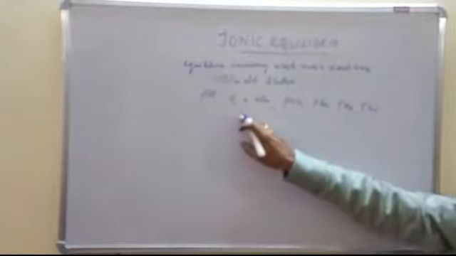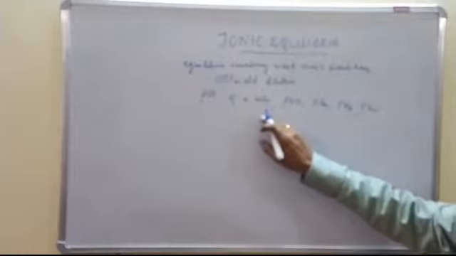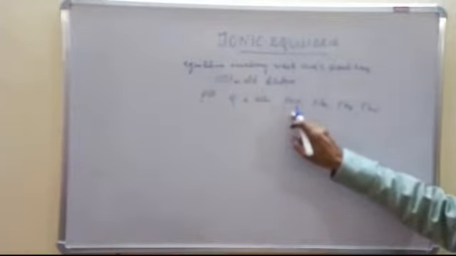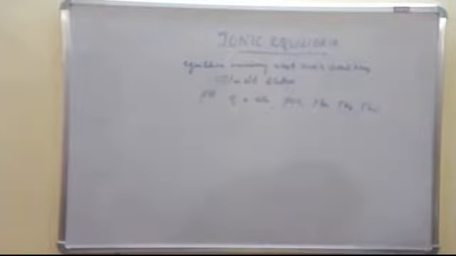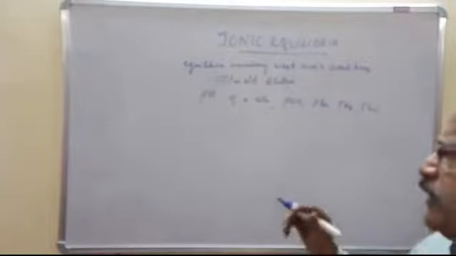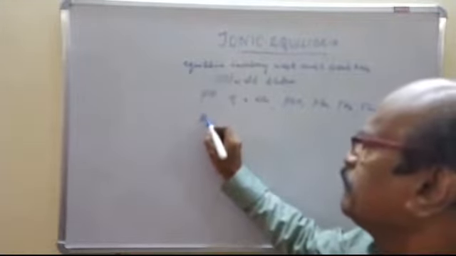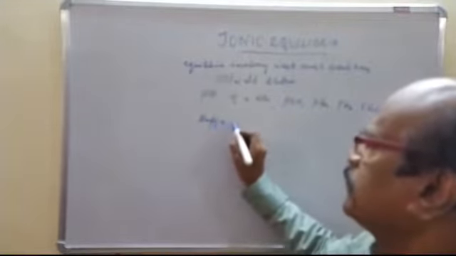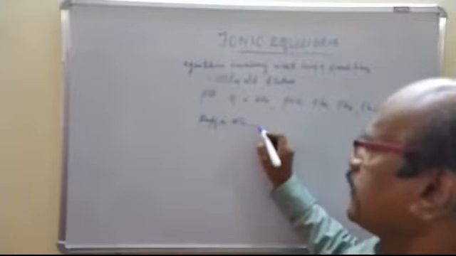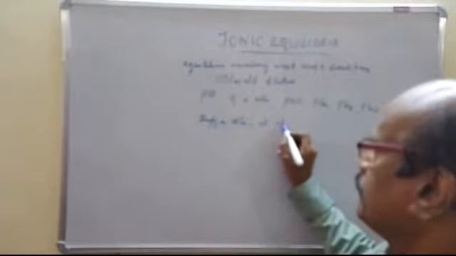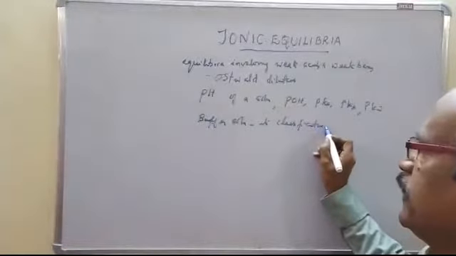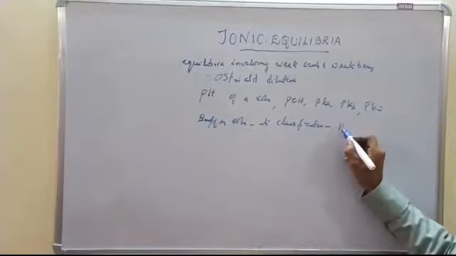Along with the pH, we have to define the parameters pOH, pKa, pKb and pKw and their significance. Then after that we have to go through what is a buffer solution, its classification and the Henderson equation.